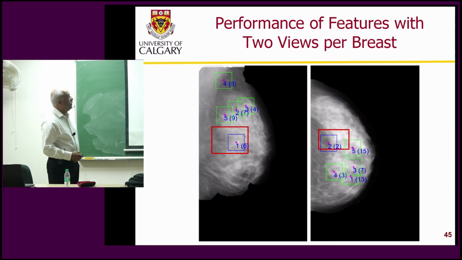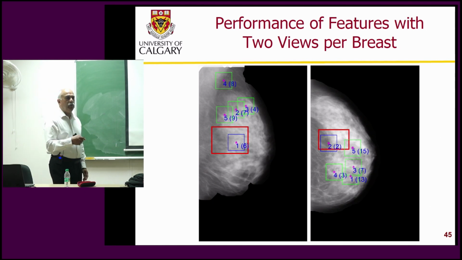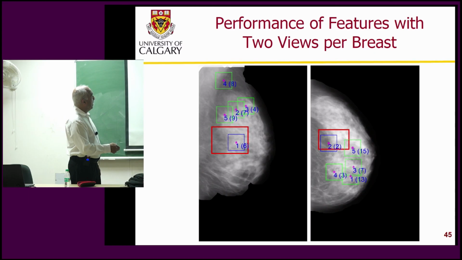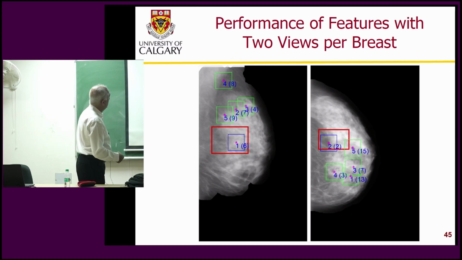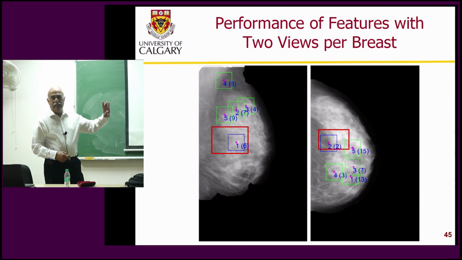So performance with 2 views per breast. Then we combined the information in 2 views, because 2 views are taken, mediolateral and craniocaudal. These are the regions marked by the radiologists in red. These are the top 5 ranked regions obtained by this method.